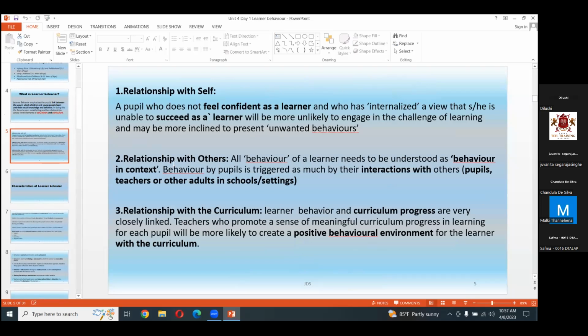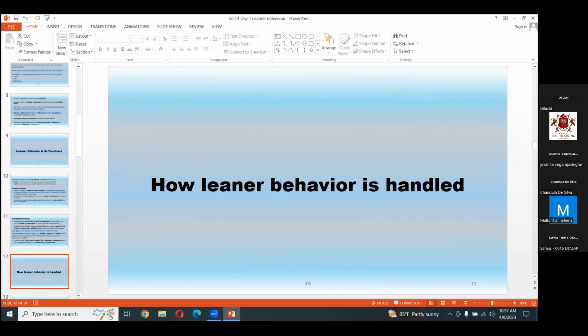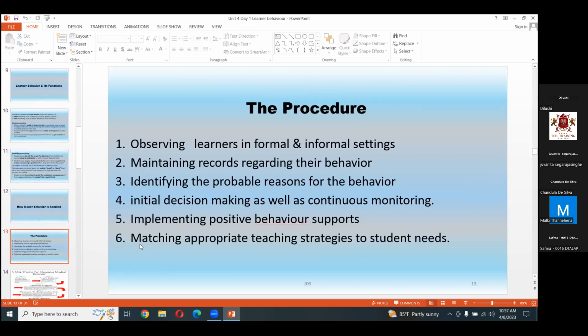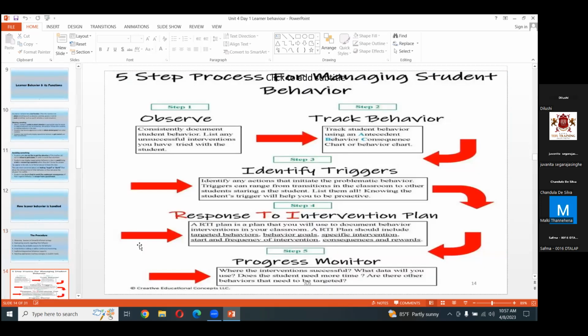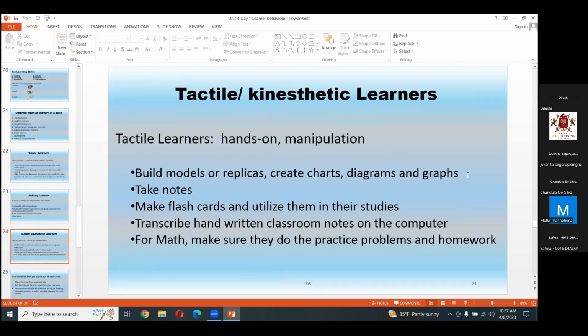Slide 12. Okay. 24. Tactile and kinesthetic.